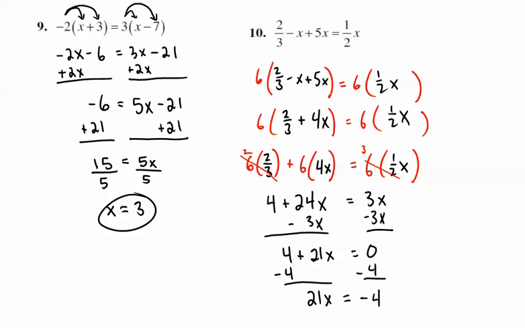And although this may not come out to be a nice answer, as many of the other ones have, we're simply going to divide both sides by 21. There are no common factors there. 4 is 2 times 2, 21 is 3 times 7, and so we simply end up with x is equal to negative 4 over 21, and that's going to be our answer for problem number 10.